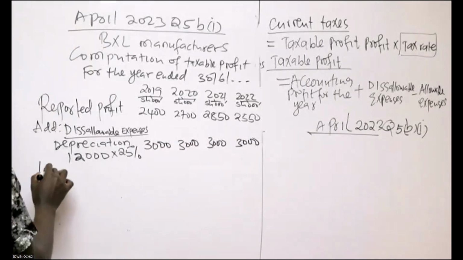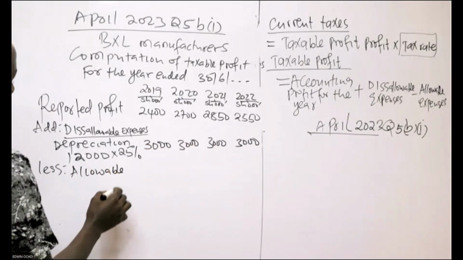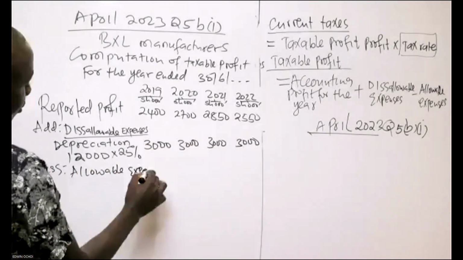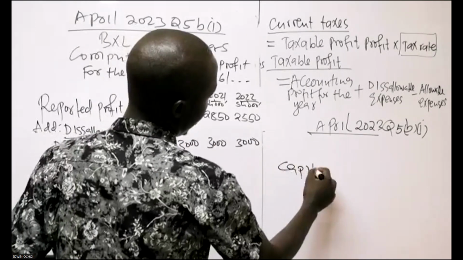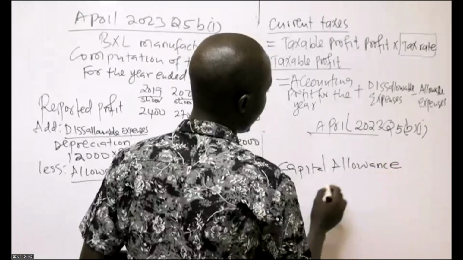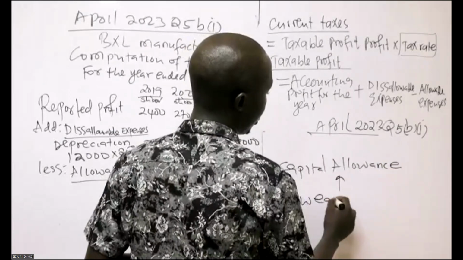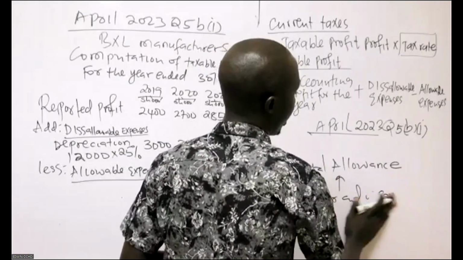Then we raise allowable expenses. So the allowable expenses are the capital allowances, and an example of a capital allowance is the wear and tear allowance.